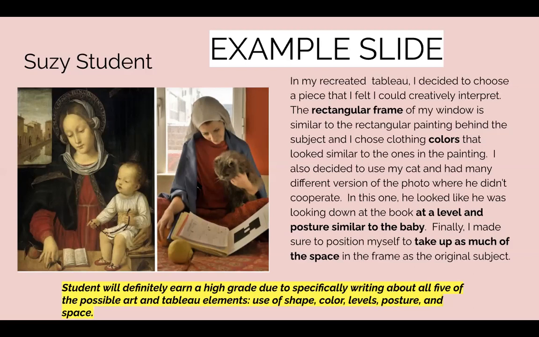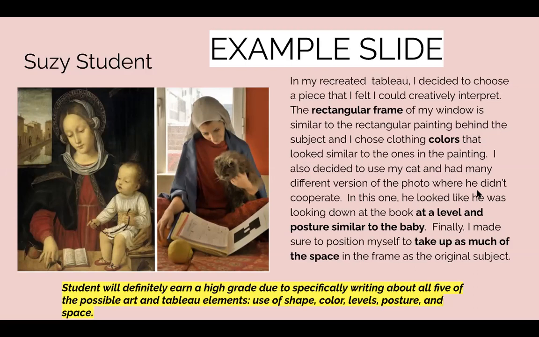I also decided to use my cat and had many different versions of the photo where he didn't cooperate. So there's a typo there, but that's okay. In this one, he looked like he was looking down at the baby at a level and posture similar to the baby. Finally, I made sure to position myself to take up as much space in the frame as the original subject. So that's the student's artist statement.